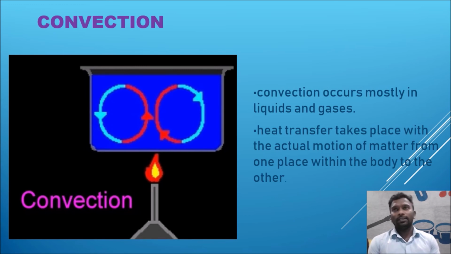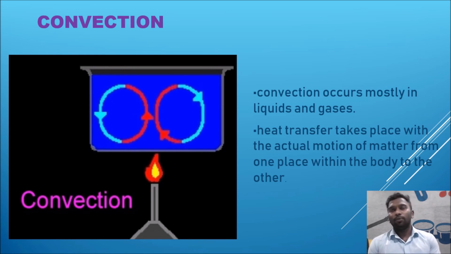In this process, the cool molecules remain in the water and try to replace them. Again they absorb the heat energy which is applied from outside, and this is a continuous process. In this way, the heat energy transfers from bottom to top. This process is called convection, right?